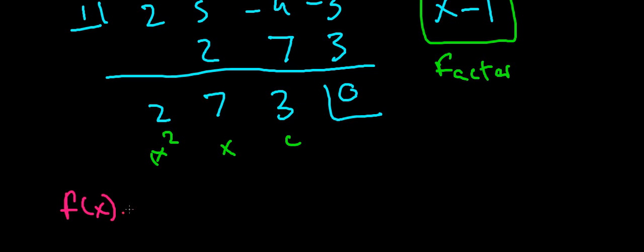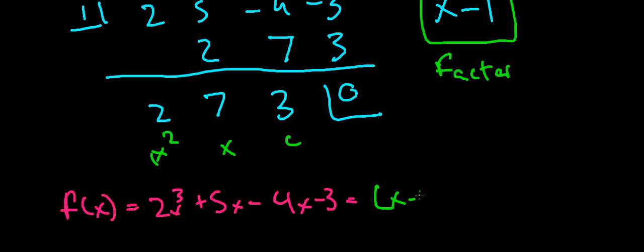Because it divided evenly, this is a factor. Our original function is 2x cubed plus 5x squared minus 4x minus 3, and what we've just done is take out x minus 1. So this is equal to x minus 1 times 2x squared plus 7x plus 3.